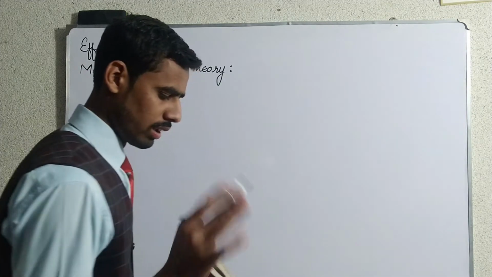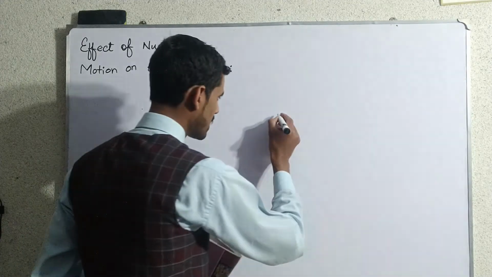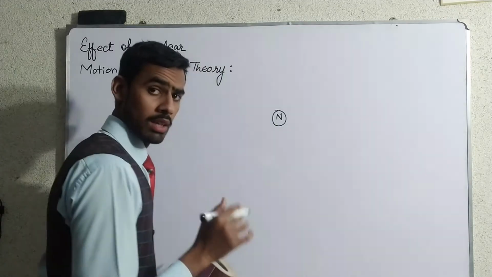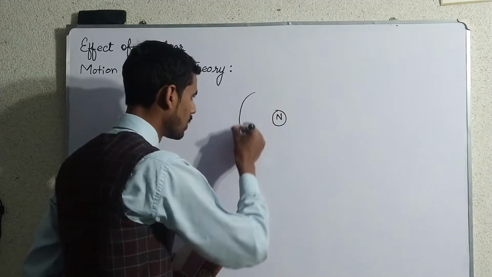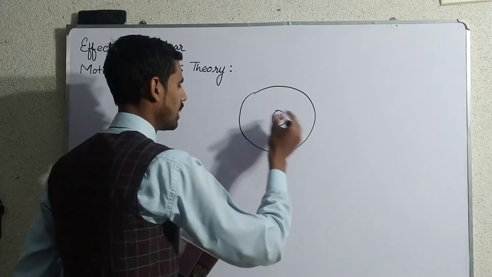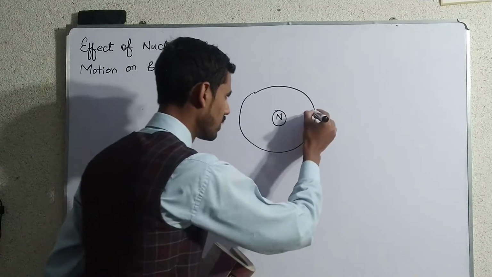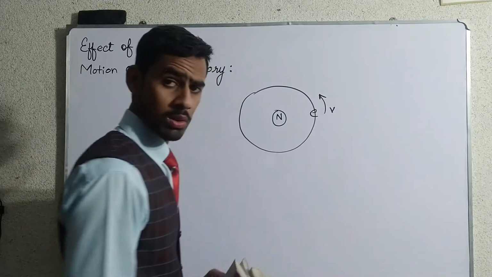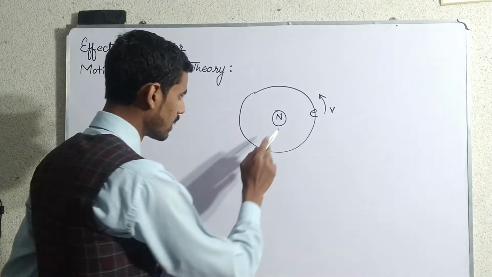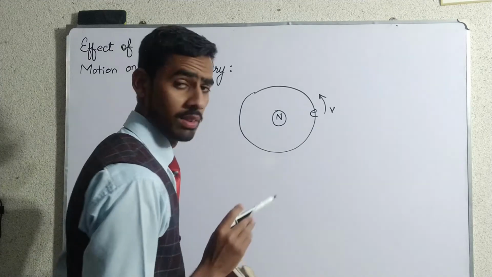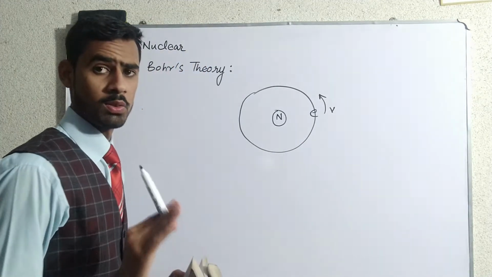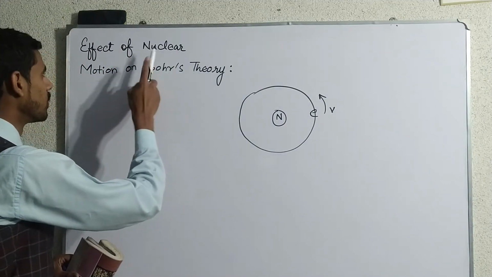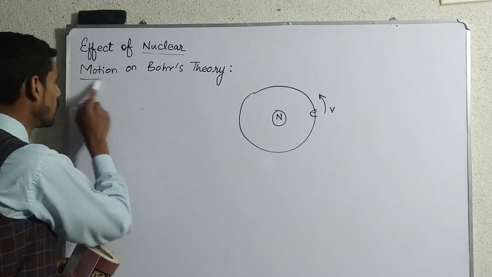So in the previous lecture we said that we have this nucleus here, and around this nucleus we have an orbit, and in this orbit the electron is revolving with this velocity v. We were first assuming that this nucleus is at rest, but today we consider the effect of nuclear motion.